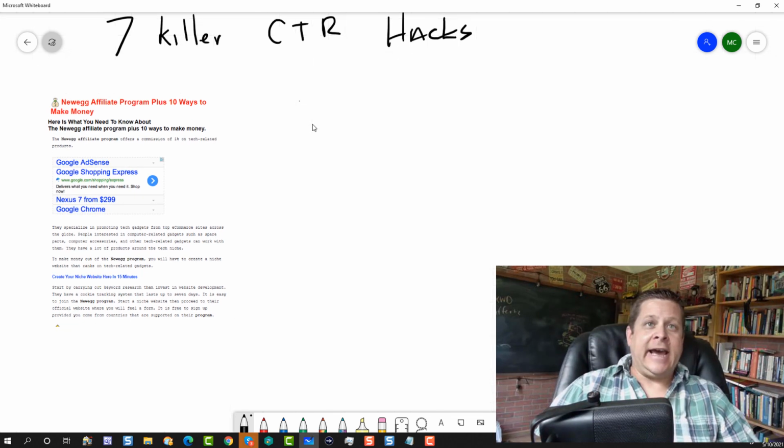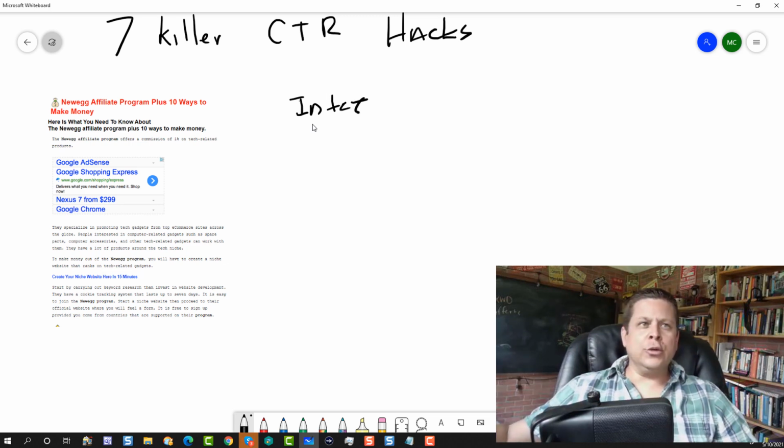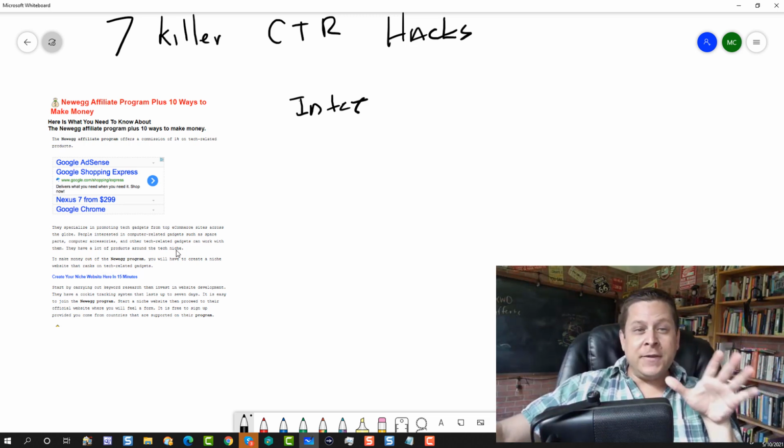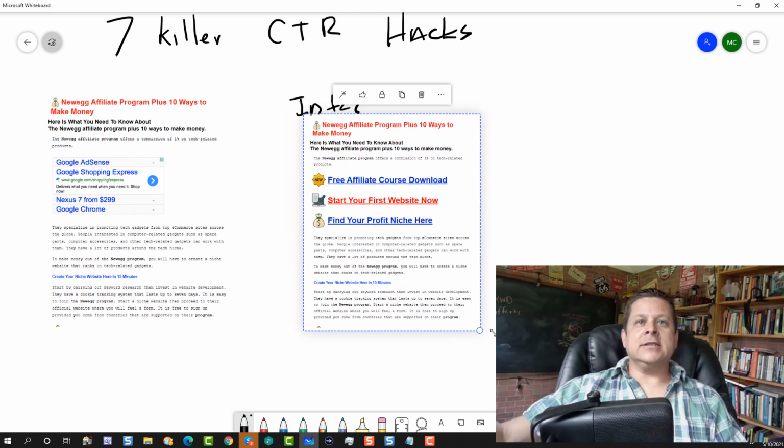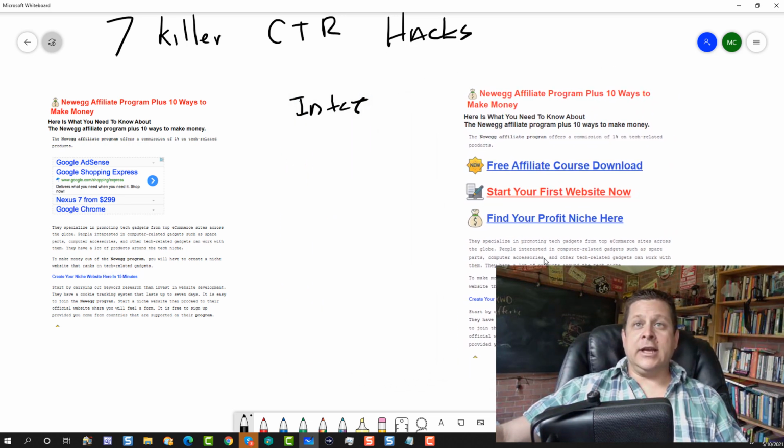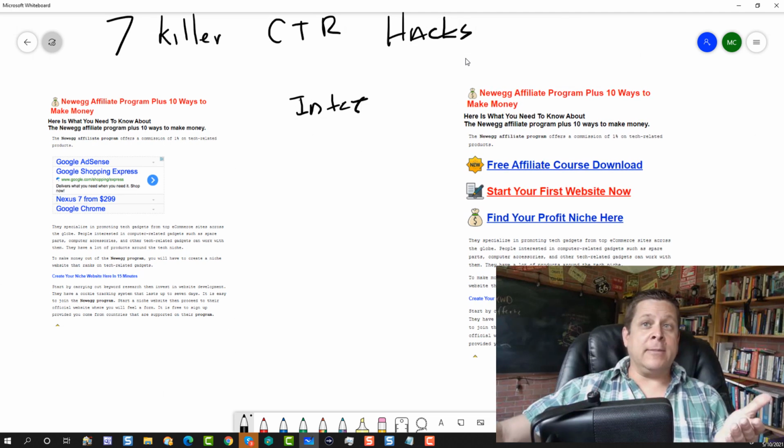Now, the intent hack is instead of using automated keyword tools and automated ad runners and different things like that, what we're going to do is we're actually going to try to look at what the market wants and put our own ads to get them into things that are going to pay us money. So instead of doing something like this, we would do something like this, where we say, hey, I know these people are looking up Newegg affiliate program because they want to make money online.